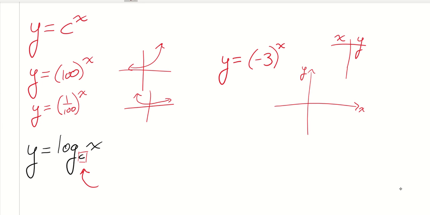I'll give you a little bit of a hint here. If you plug x equals 0, you'll get 1 out, so we'll have this y-intercept. If you plug 1 in, you'll get -3, so you'll get this point right here. If you plug 2 in, you'll get 9.